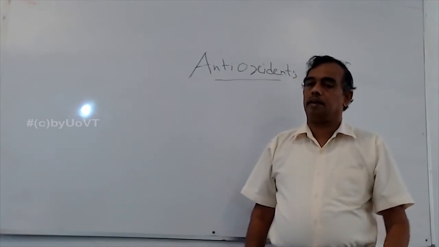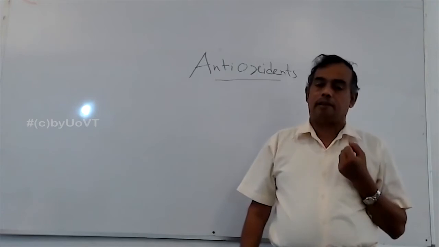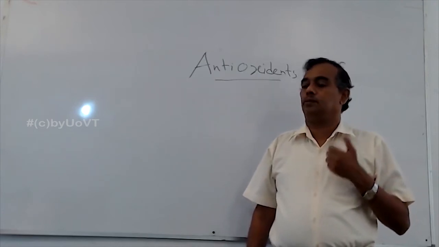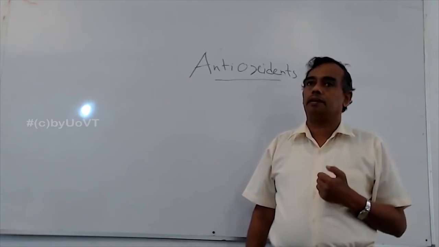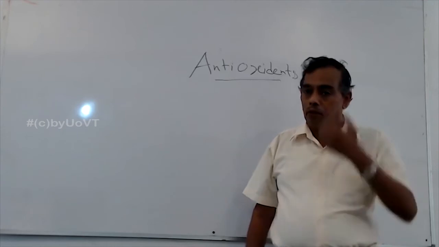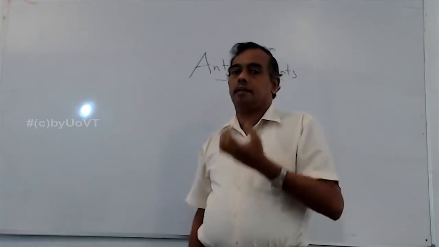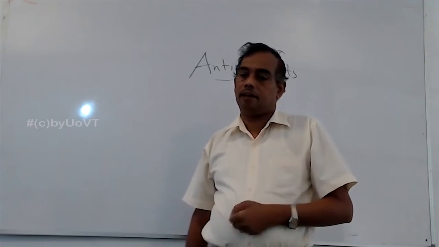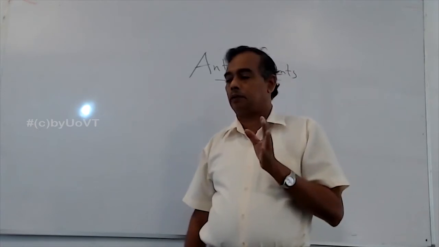It has an ability to absorb the highly reactive electrons. Otherwise, it cannot behave as an antioxidant. If you select any compound as an antioxidant, that compound should have the capacity to identify the highly reactive electrons in the system. Otherwise, it cannot behave as an antioxidant.